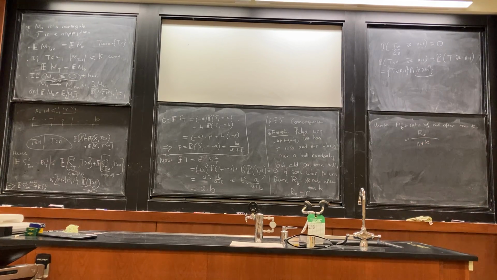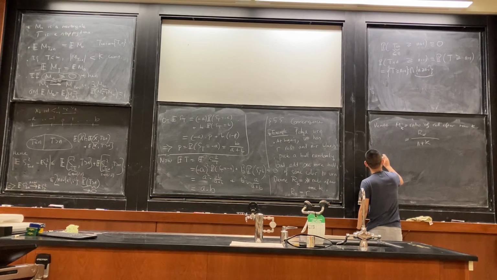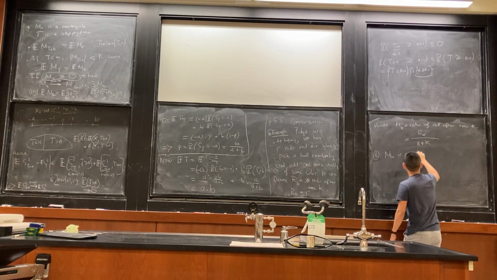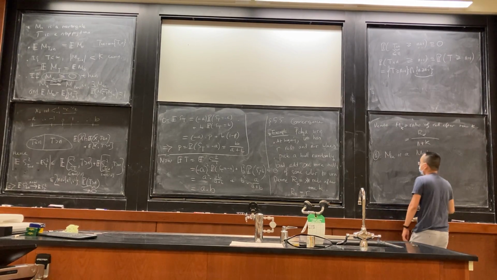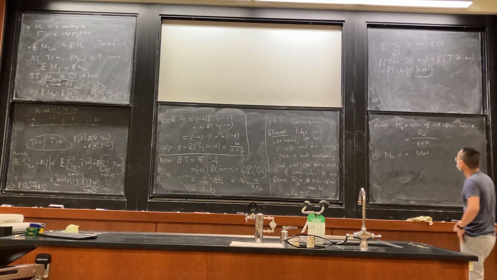So the claim is this is a martingale. The plan is, number one, M_k is a martingale. Of course, the ratio M_k is simply a non-negative random variable. It's non-negative, obviously, and it's a martingale.